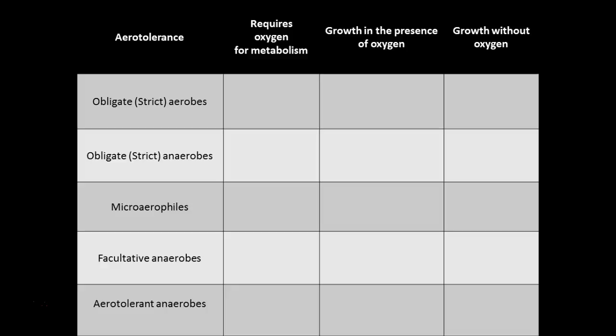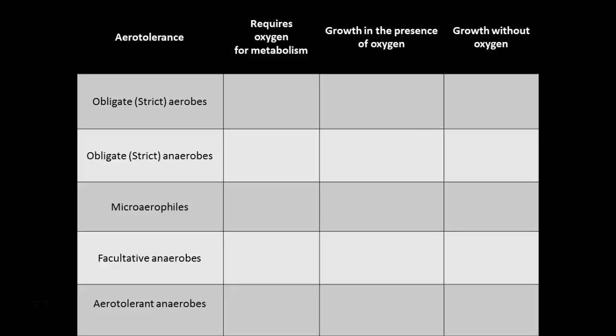Why do we ask that? Oxygen's awesome, right? For us, we need it and we can protect ourselves from it. Oxygen can form toxic forms, especially when you're utilizing oxygen for your metabolism like we do. We form hydrogen peroxide and superoxide radicals all the time.